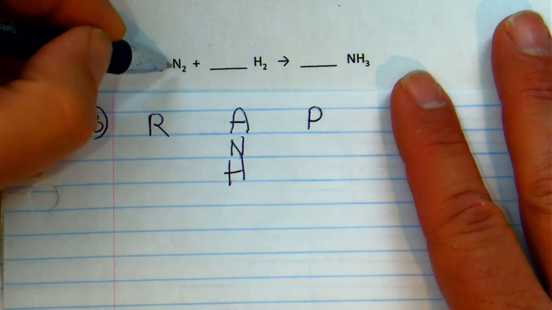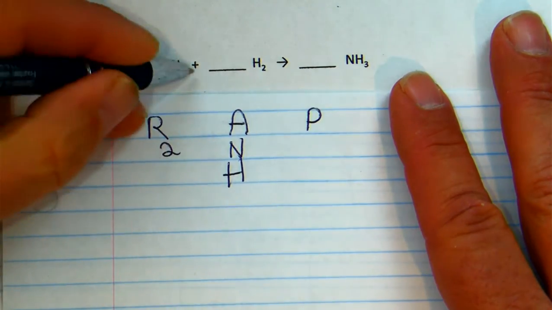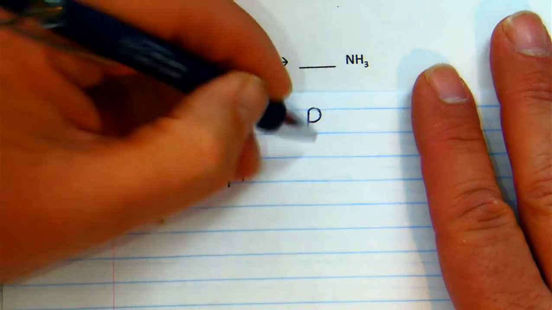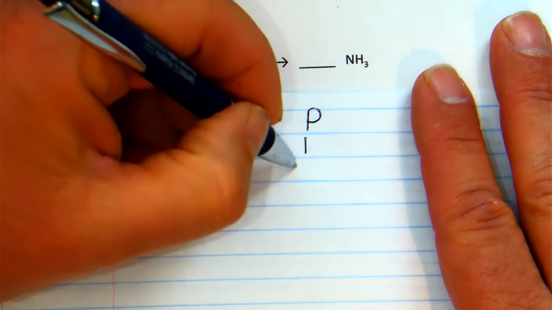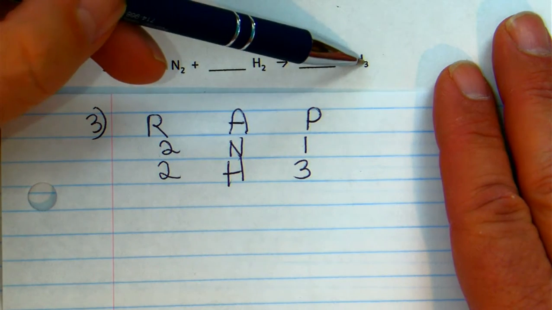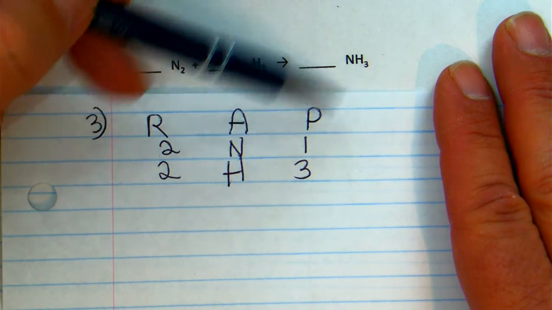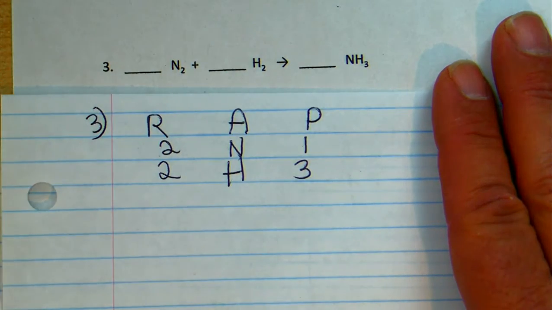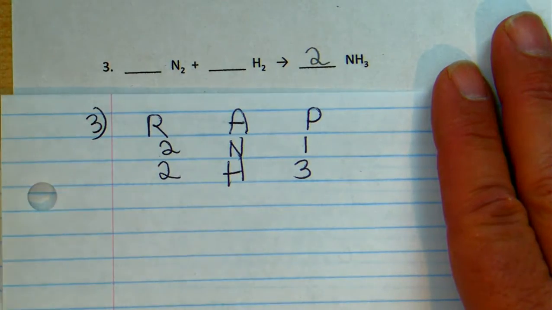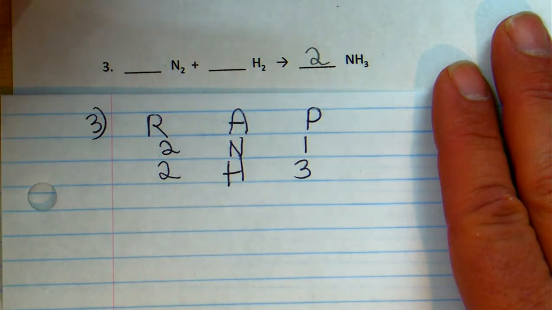On the left, I see I have 2 nitrogens and 2 hydrogens. On the right, I see I have 1 nitrogen and 3 hydrogens. How interesting. The hydrogens can only go in multiples of 3. So I can start off with a coefficient of 2 in front of these ammonia molecules.